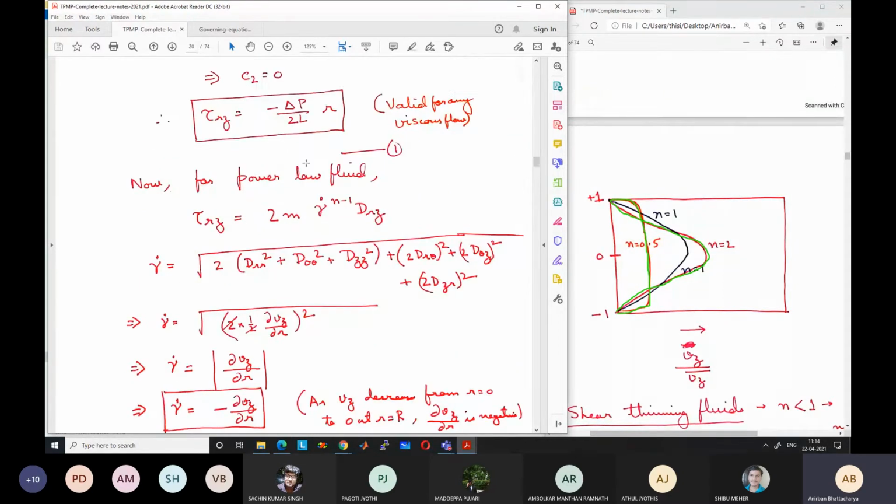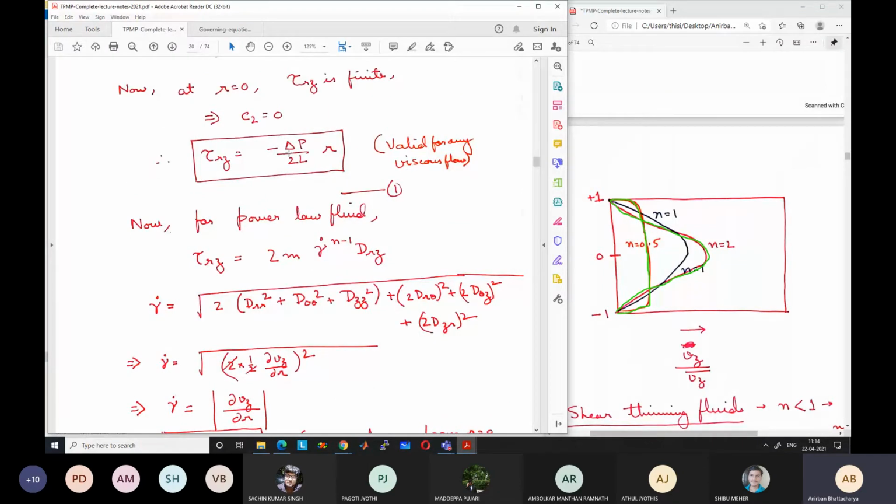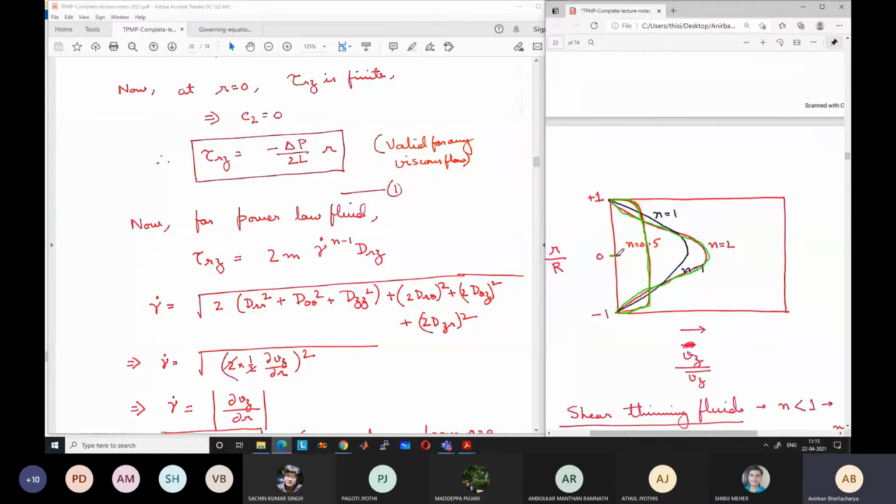At the center r is 0, so tau Rz is 0, and it increases linearly. So maximum tau Rz occurs at r equal to capital R, at the end, like this.